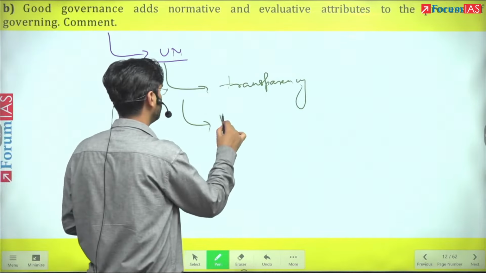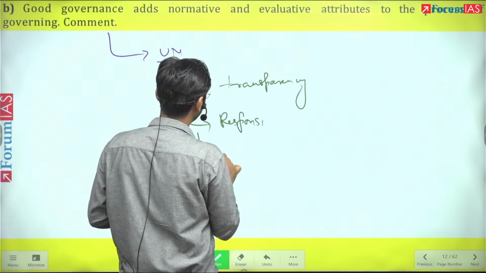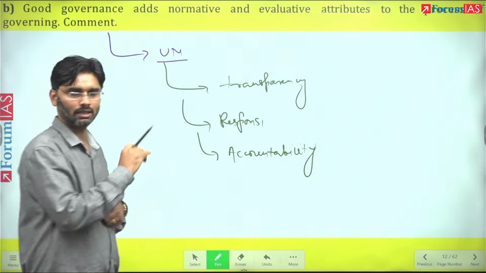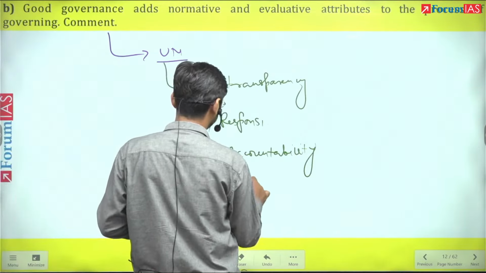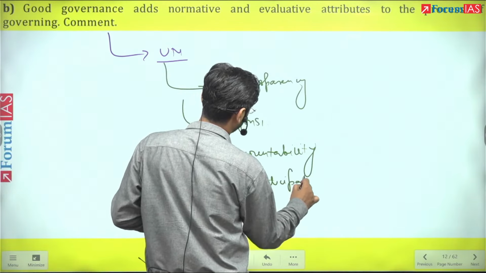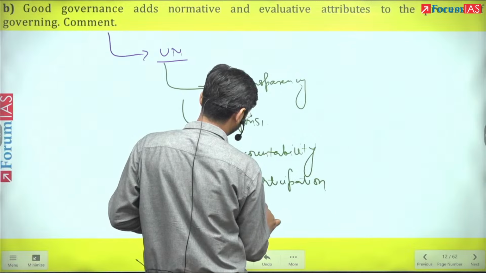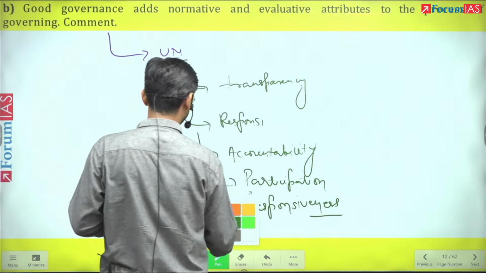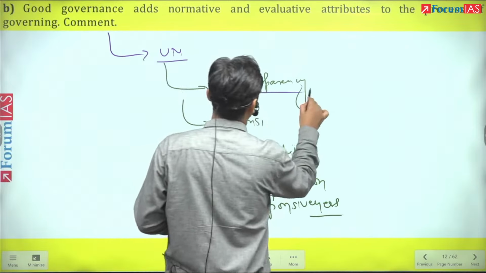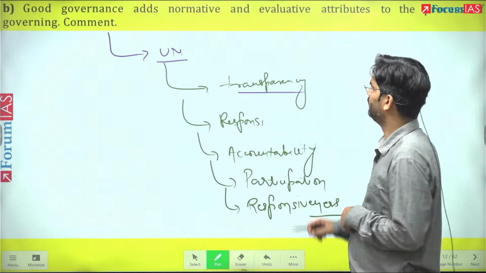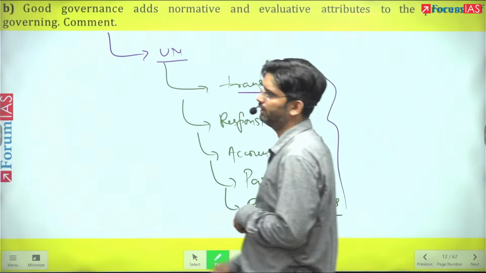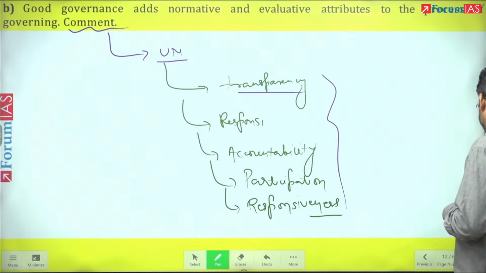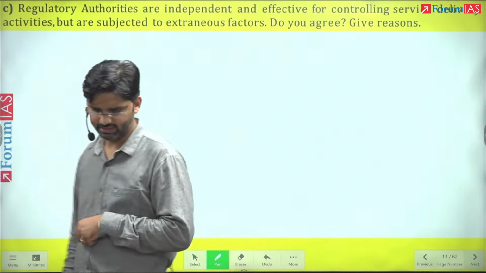Transparency, responsibility, accountability, participation, and responsiveness. Okay. Here you need to comment also. So with examples, write issues also. Okay. And what we are doing for the same.